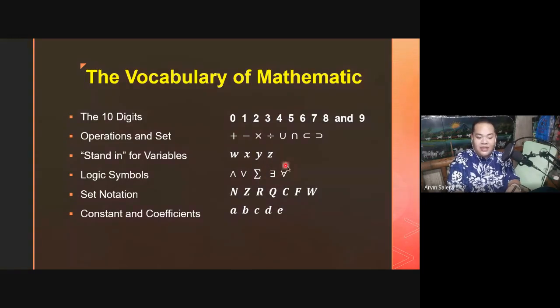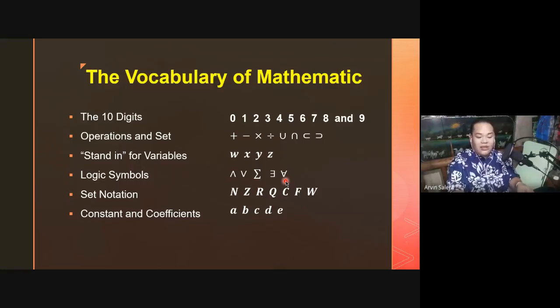And this is the symbol for all. So those are the logic symbols: and, or, the summation, there exists, and for all.